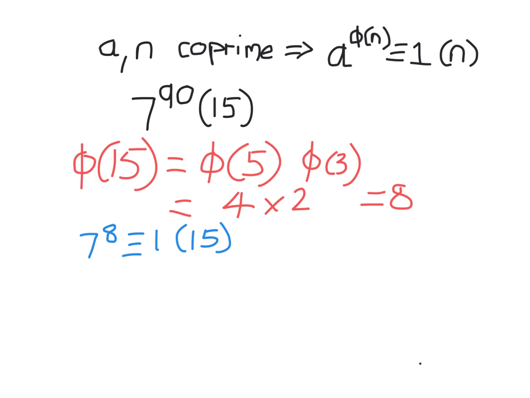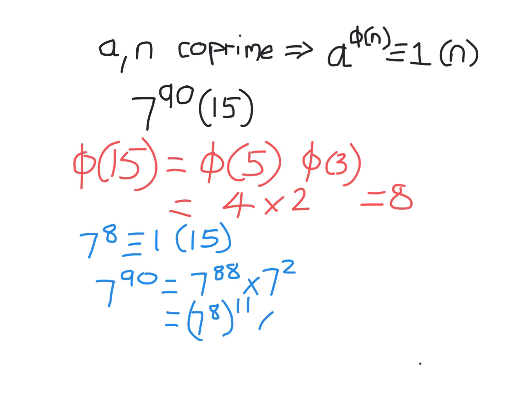So how does that help us? Well, 7 to the power of 90, we can write it as 7 to the power of 88 times 7 squared. 7 to the power of 88 is 7 to the power of 8 to the power of 11. That helps us immensely because 7 to the power of 8 is 1.